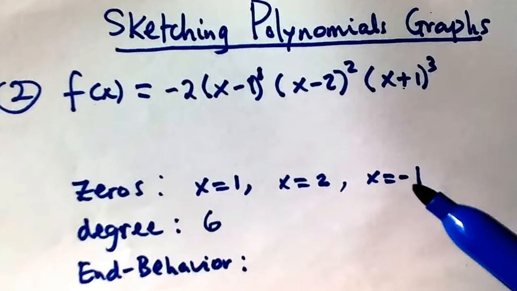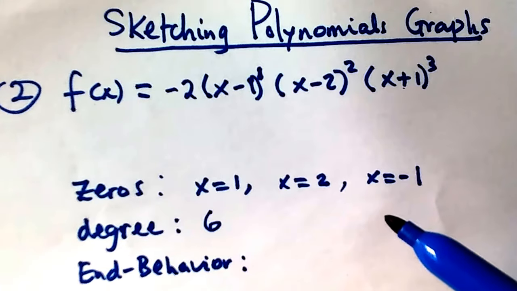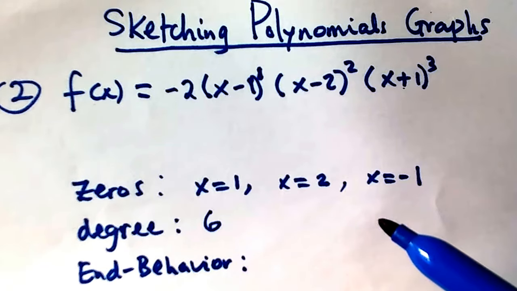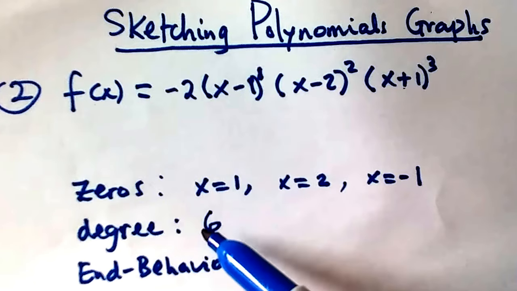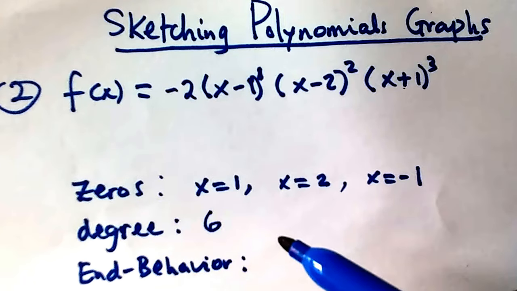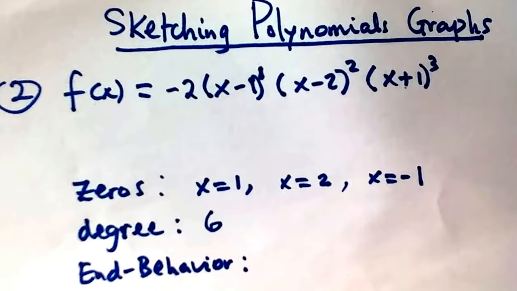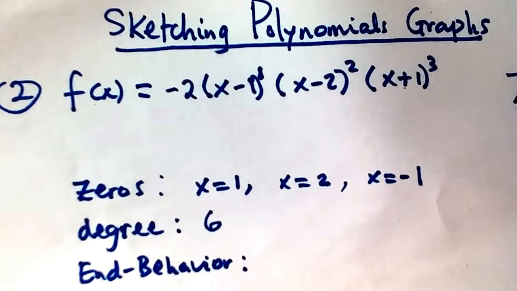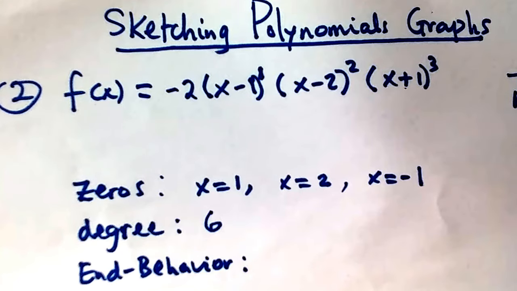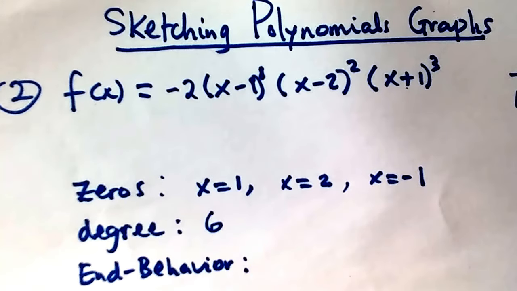So the end behavior will look more like the quadratic function that is facing down, because it's an even degree. So we'll expect that overall the graph will start from negative and finish negative, because that's how the quadratic function looks when it's facing down.